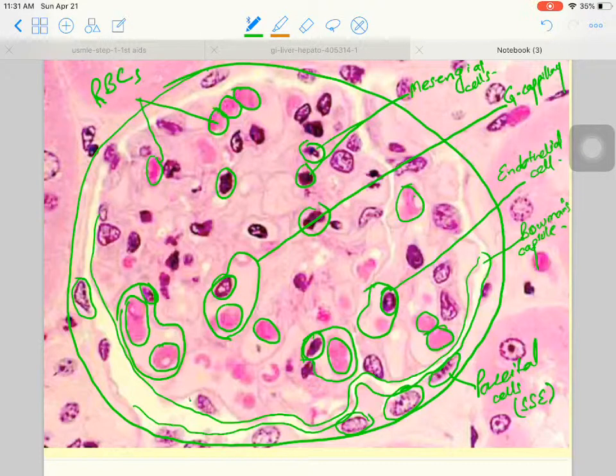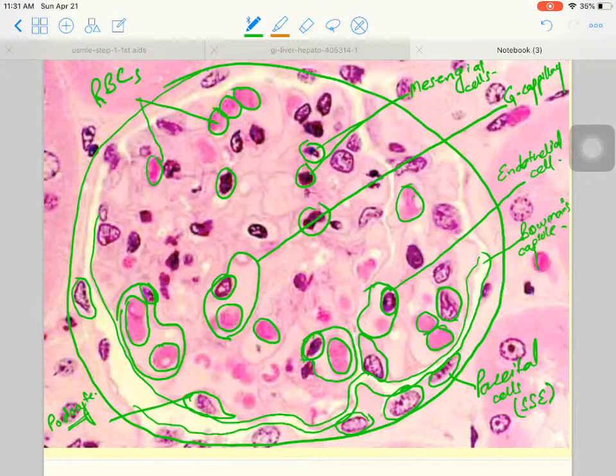You can find the podocytes lining the visceral layer of Bowman's space. Here we have the podocyte cells.